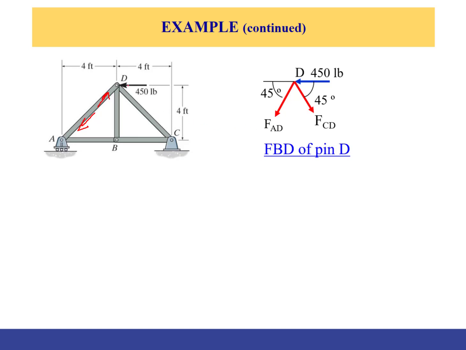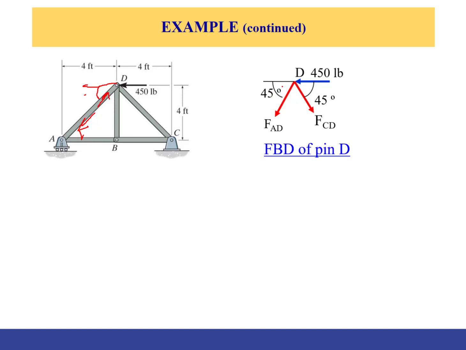Same thing for DC, right? So it's in that direction. So we know the direction because it's determined by the structure, where the geometry, let's say for example, gives you 45 degrees. So this is 45 degrees, this is going to be also 45 degrees, right? That's why I have 45 degrees here.